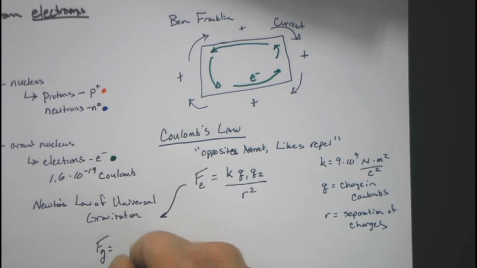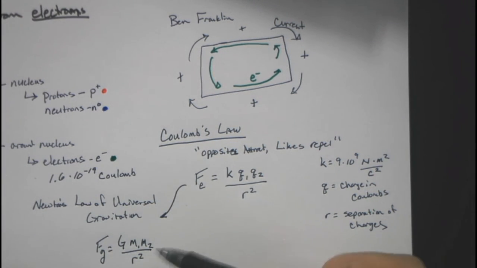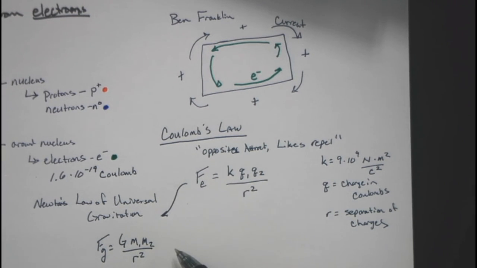Force of gravity equals G m1 m2 over r squared. Does this look familiar to you guys? Okay. Look at the similarities here. They're almost exactly the same. In fact, the equations are exactly the same, except we're just doing it with a different constant and different variables.